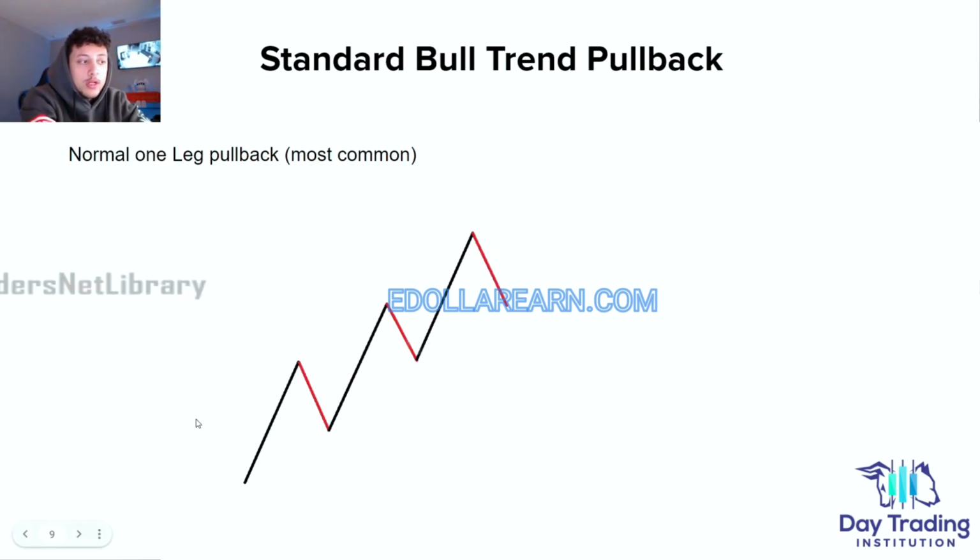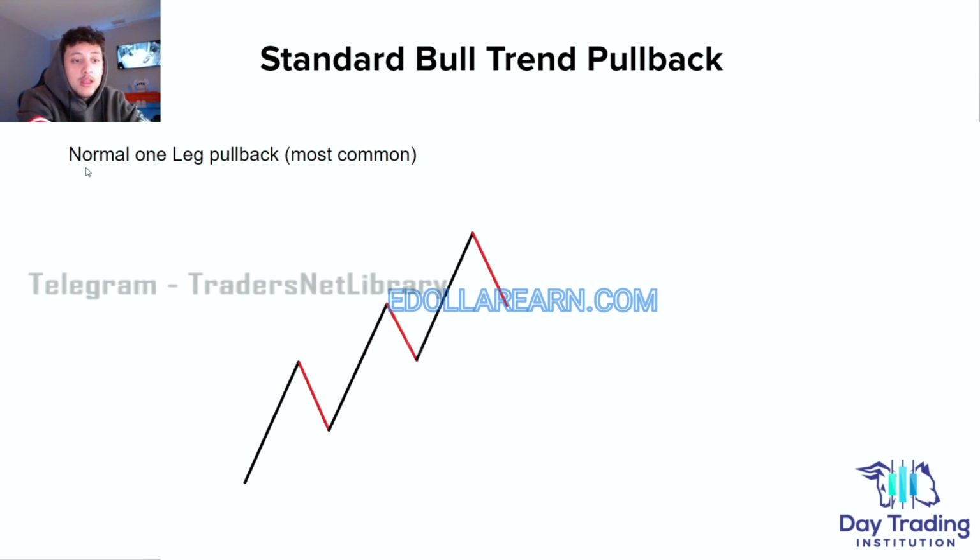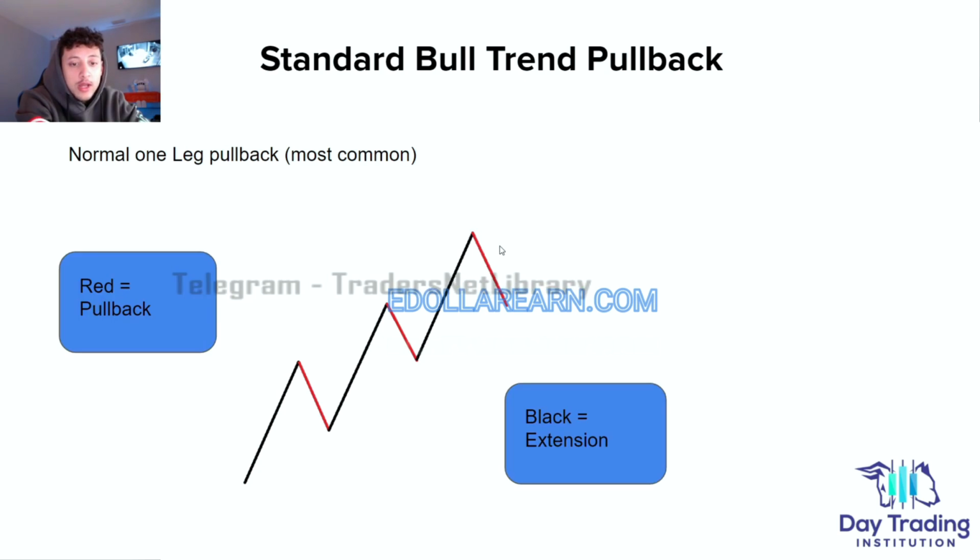What we're looking at here is a bullish market structure. You should know this bullish market structure from the higher highs and higher lows within this pattern. Now, keep in mind the normal leg or the extension is going to be in black, and the pullback is going to be in red. So again, red equals pullback, black equals extension.